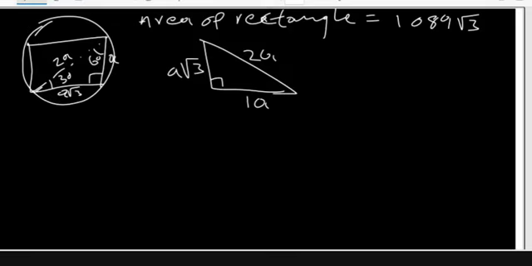Because if the angle at the circumference is 90, and from the information given we now say here is 60, here is 30, that means this is a perfect triangle in a semicircle.